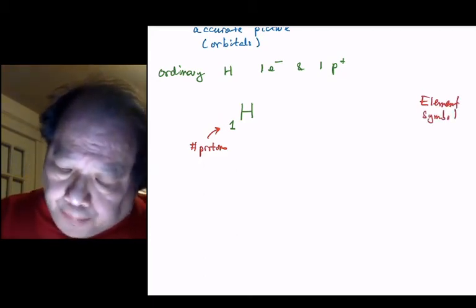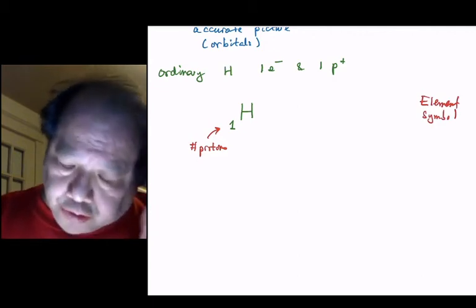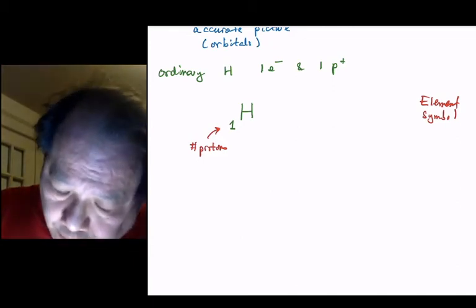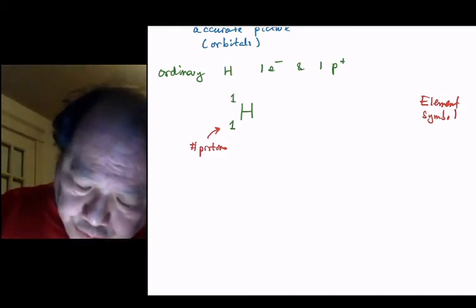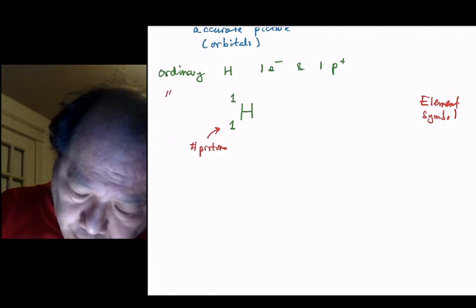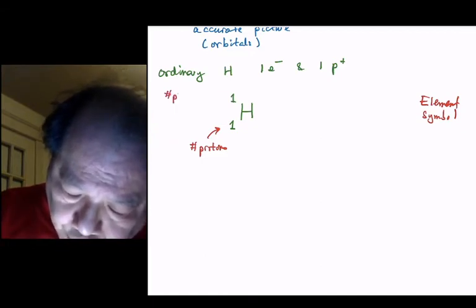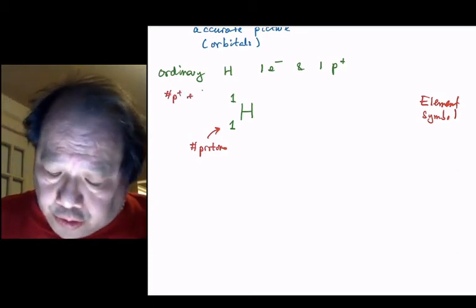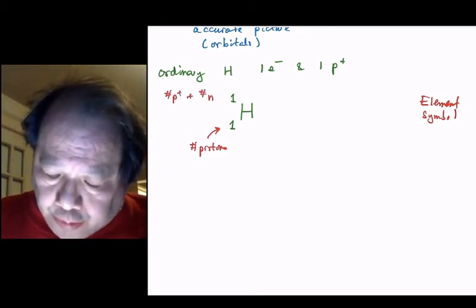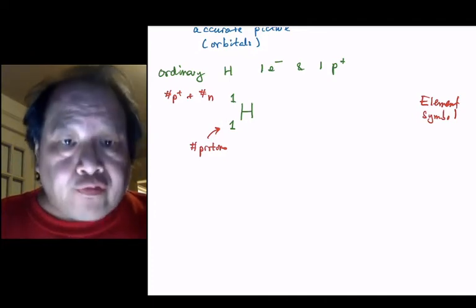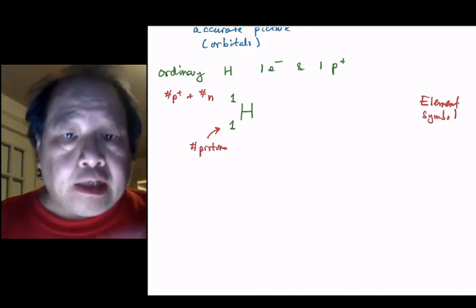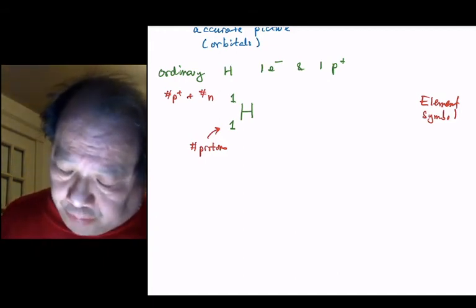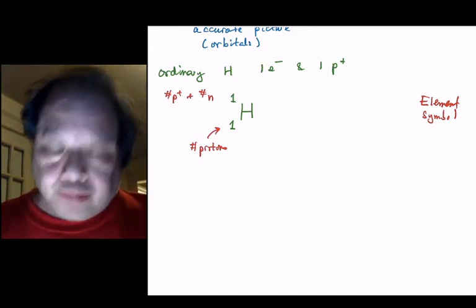And in the upper left, we write the number of protons plus the number of neutrons. Ordinary hydrogen has no neutrons, and so the sum of the protons and the neutrons is 1. The number of protons is 1 for hydrogen because it only has 1 proton. Any atom with just 1 proton is in this family.